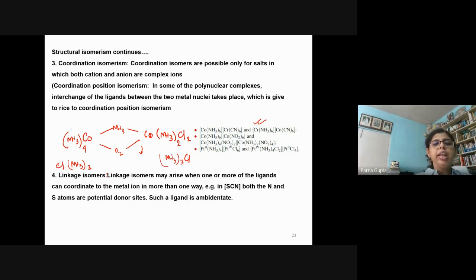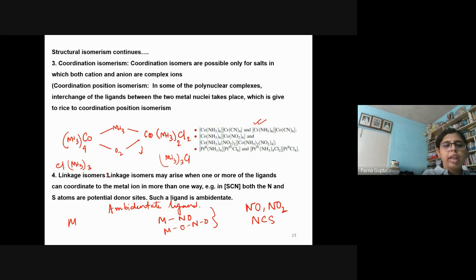And then the linkage isomer. If you take this, there is a term called ambidentate ligand. Like if you have NO2, if you have NCS, they can bond like M-NO2 or M-ONO, or they can bond like M-NCS or M-SCN.